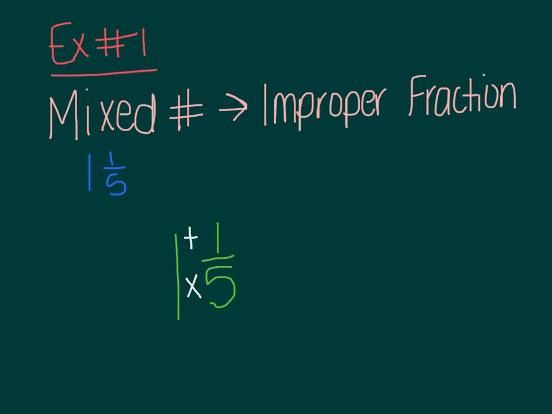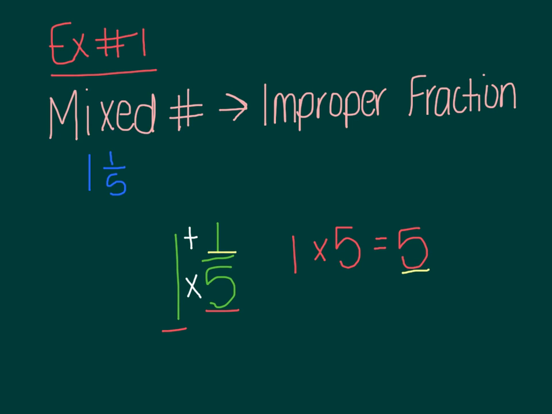So in this case, our whole number is 1, our denominator is 5, so we multiply those together. And this is how you do all mixed numbers to improper fractions. You always multiply the whole number times the denominator. And that equals 5. Then we have to do our last step, which is to add the numerator, which is 1.